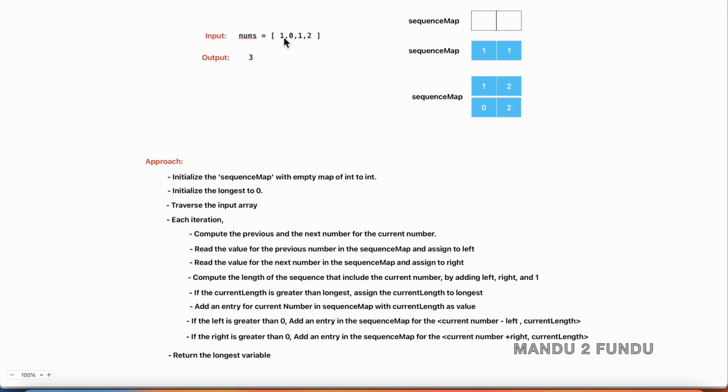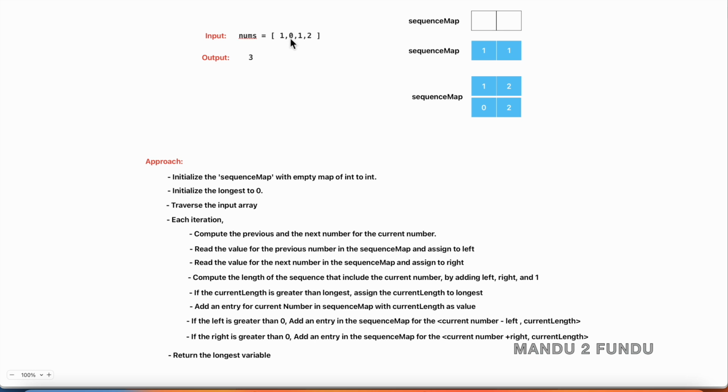We compute the previous consecutive number and the next consecutive number for 1, which is 0 and 2. We check whether there is an entry in this map. There is no entry, so we have 0 value. And then we include number 1 in the new sequence. In this sequence, there is only one number which is 1. So that's why we add an entry 1 with the length 1.